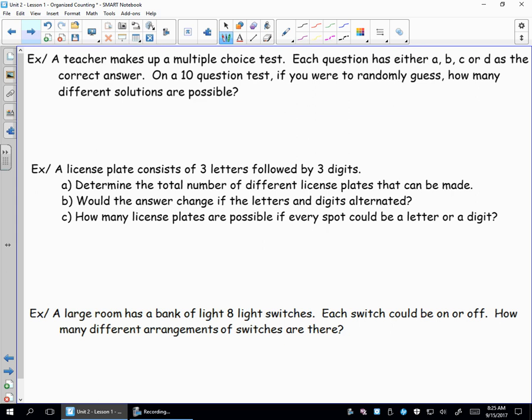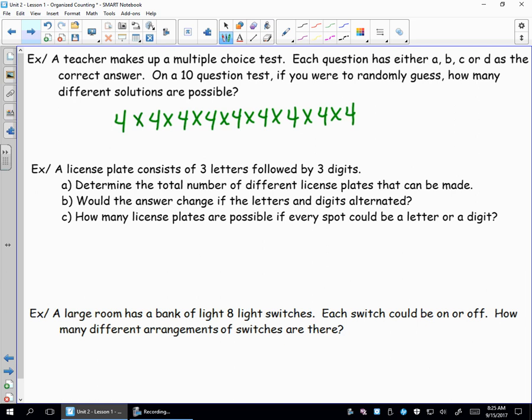Well, it's stages. We've got to guess on question 1. How many different choices do we have? 4. And question 2? How many choices? 4. And question 3, and so on, and so on. We're going to do this 10 times. So we could write this out as 4 times 4 times 4, 10 times. That would not be wrong, but it's kind of messy to write. We actually know a faster way of writing this.